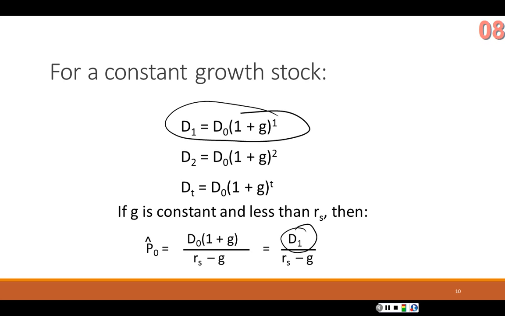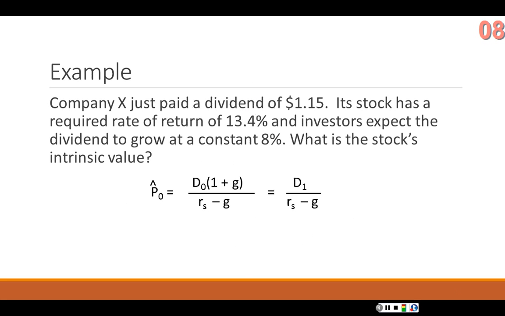And here's an example. Company X just paid a dividend of $1.15. They've already paid this dividend, just paid, so this is D0. Its stock has the required rate of return of 13.4%.